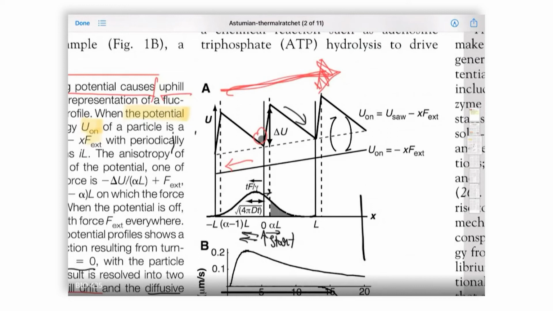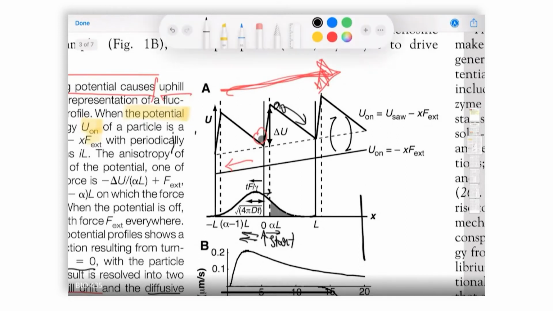So everything that was at this point is all going to fall here. So all of these particles will go here, whereas all these will go back to this minimum point, right? So not much will move from 0. In fact, this will also go here, and this will go here.